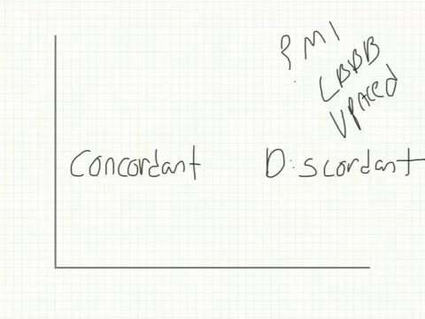So concordant is our normal positive QRS, positive T wave that we see in our EKG. Discordant refers to more of the pattern that we see in a ventricular paced or left bundle branch block rhythm, where we have that inverted QRS and then we have the positive T wave.